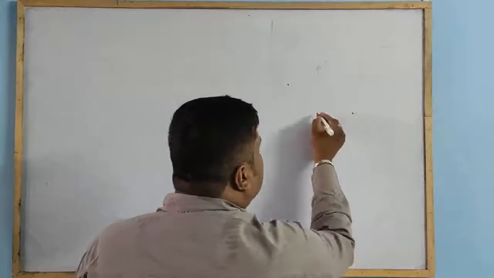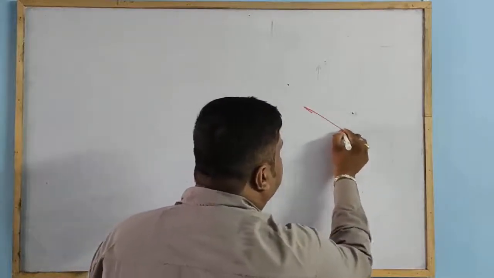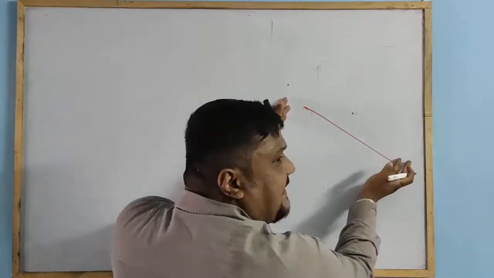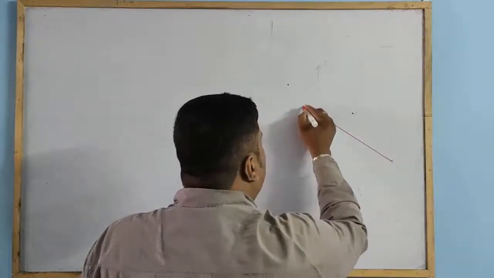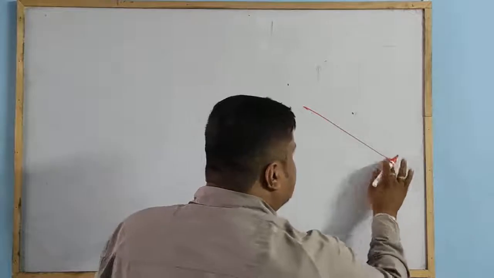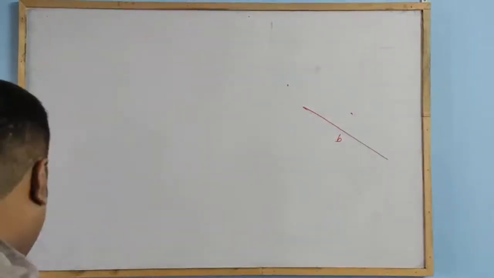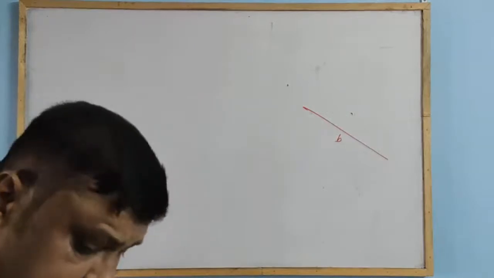So the loop is supposed to be like this. This is one line, meaning this is the breadth B. So this is the side B, clear? This is your B, and I will show the forces.